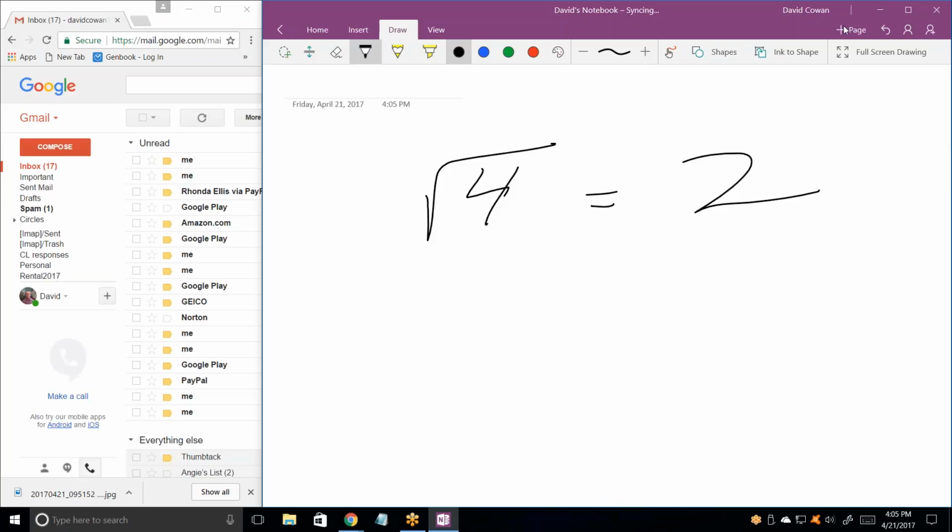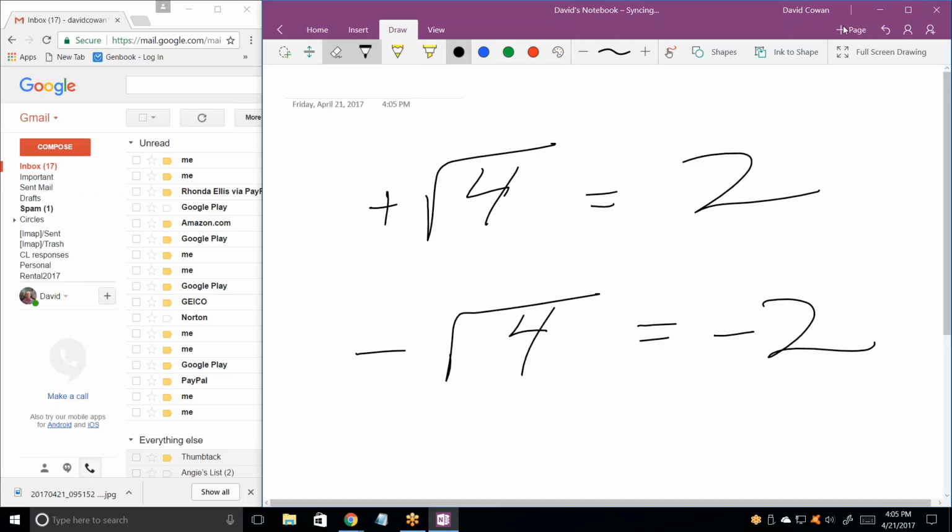Because if I want negative 2, I can write it like this. In other words, that's negative 2. There's a presumed coefficient of a plus sign in front of that. When I write radical 4, it's presumed I'm talking about the plus solution only.